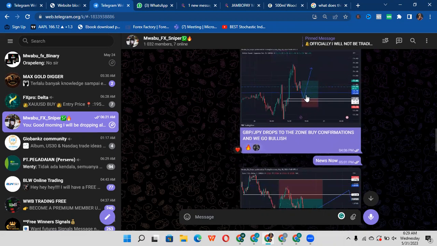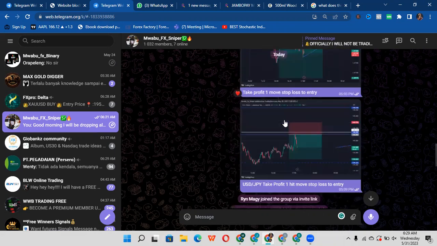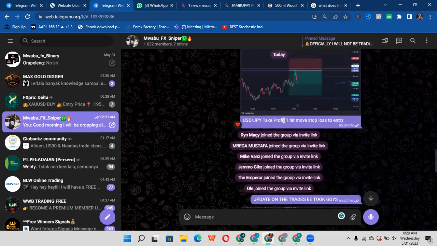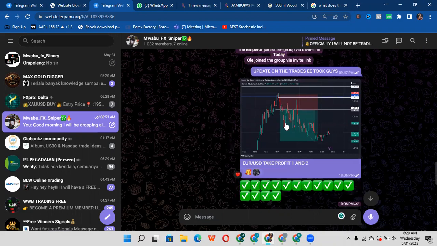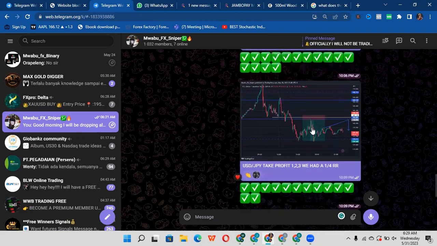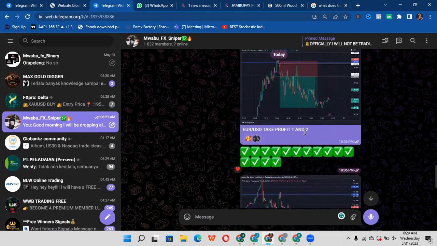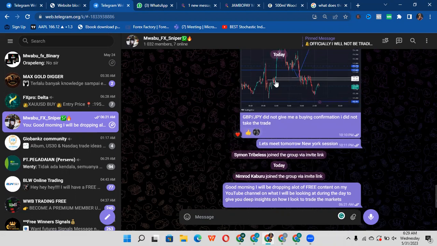GBP JPY pulls back to this zone and it goes up. I usually give these signals on my Telegram group. So if you're not on this Telegram group, or you know a trader who wants to understand how I usually trade, you can make sure that you join. Euro USD and USD JPY took profit. GBP JPY did not give us an entry confirmation, so we did not take the trade.